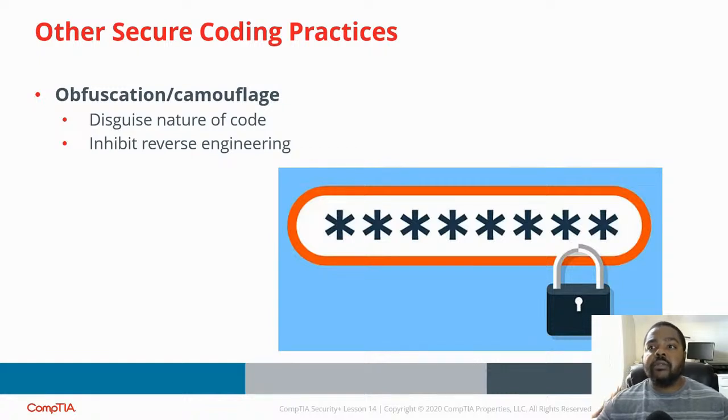You can also use some type of coding practice where we're using obfuscation, and this is kind of a big word for it, but another word for it is just using camouflage. A good example is what you see a lot of times when it comes to passwords. When you're typing in your passwords, you're getting these little stars or dots instead of actual letters. But now, for convenience purposes, they have the little eye at the end of the password block, and you can hit that and see what you typed in.